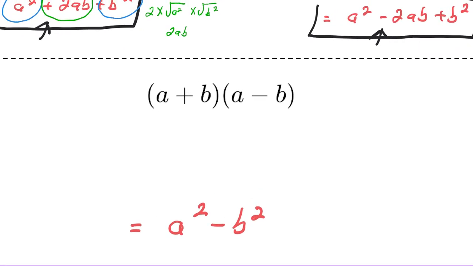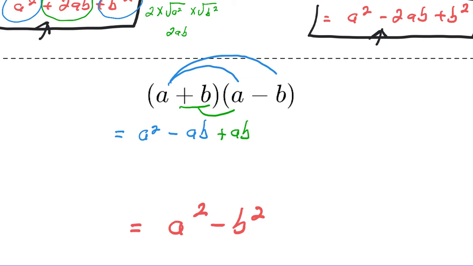Well, we take our first term and we expand. So a times a is a squared. A times negative b is negative ab. And now we take the second term, which is b with a positive sign, multiply it by a, and you get positive ab. And positive b times negative b is negative b squared.